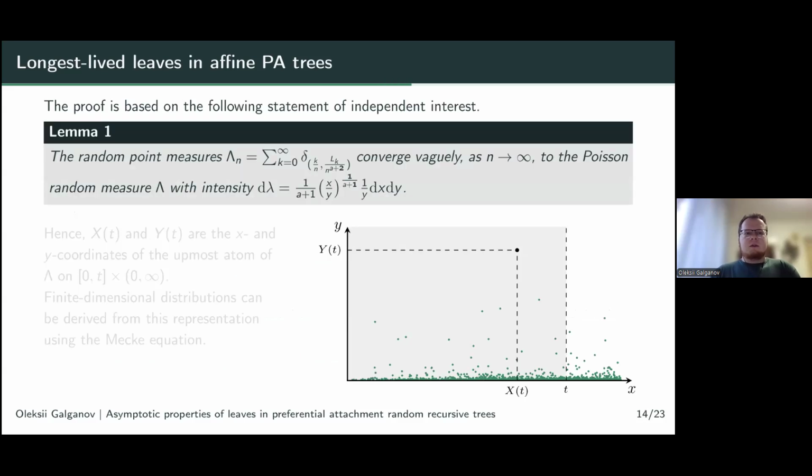The proof of this result is based on the following statement, which itself has some independent interest. This statement is about random point measures convergence.